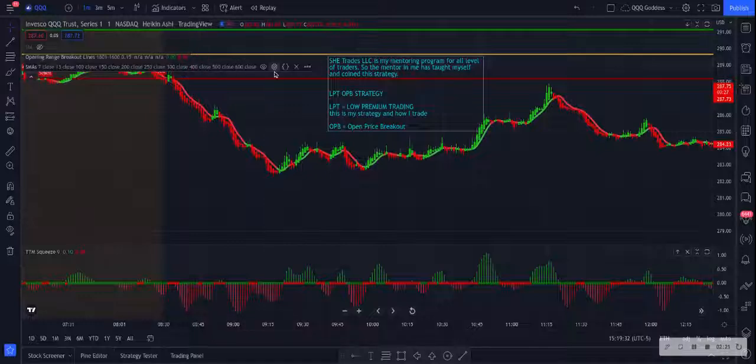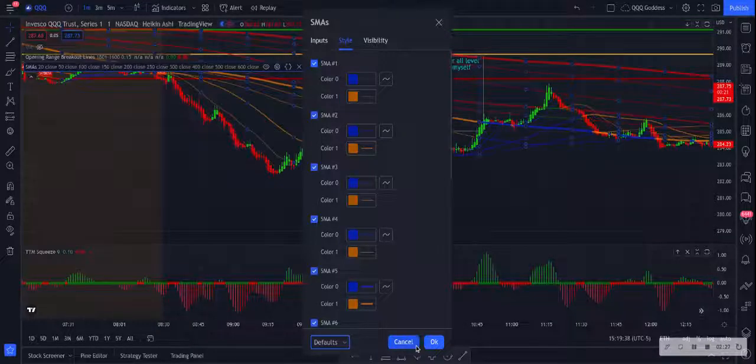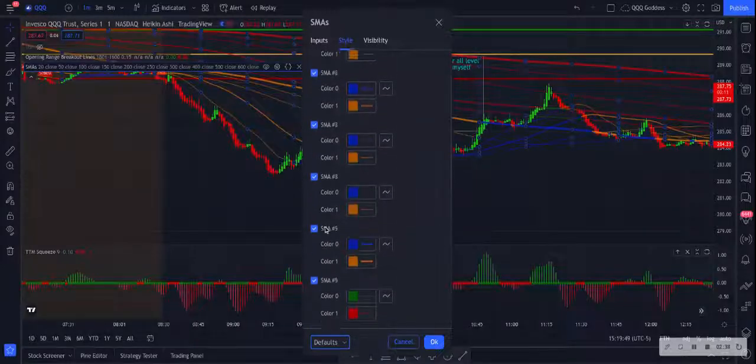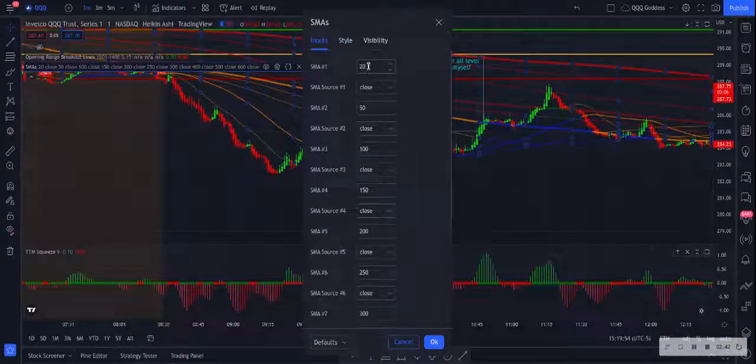So when you first add the stocks in box indicator, it looks like that. So all you have to do is go in and uncheck everything but number one. And on number one, make it the 7.